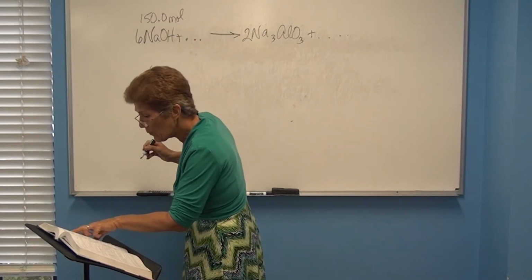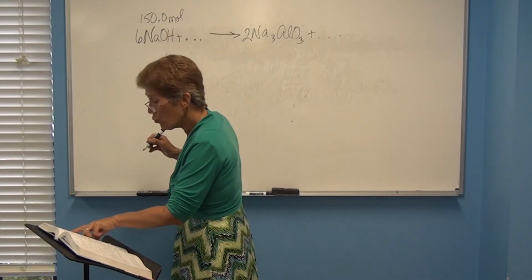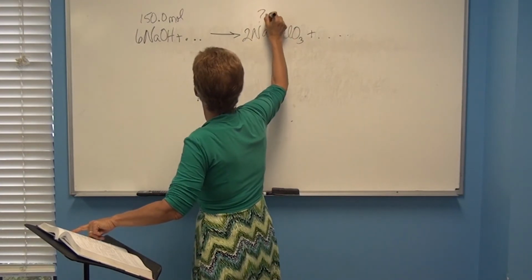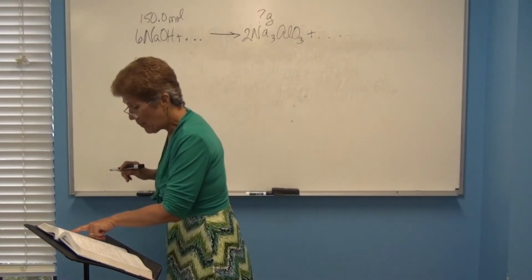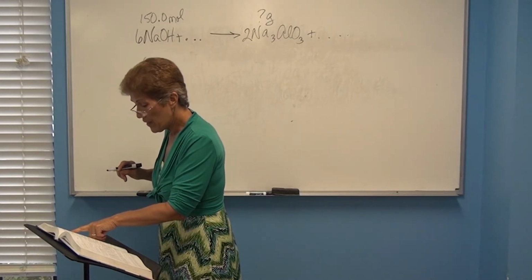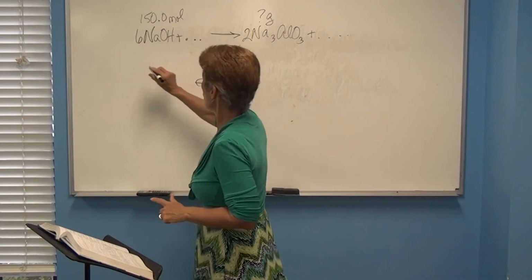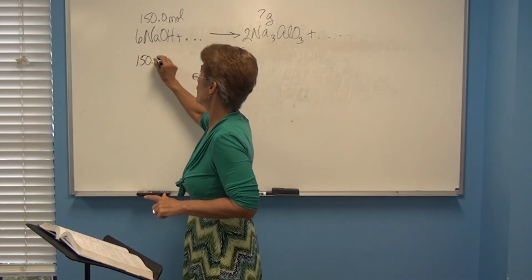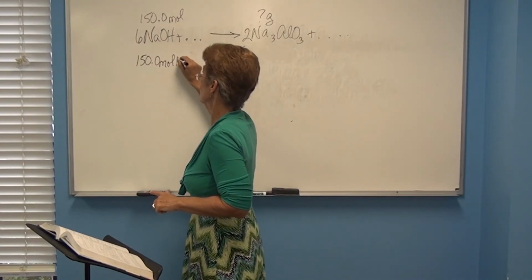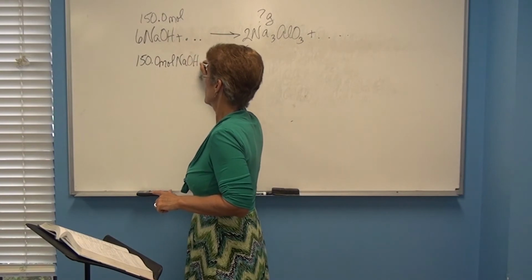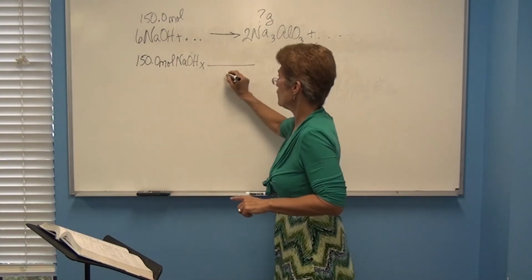And here we want to know how many grams. Okay, got an extra step going on here. How many grams of the product that we'll be making? So we're going to start with where we have numbers times line. Whatever's here goes down here.